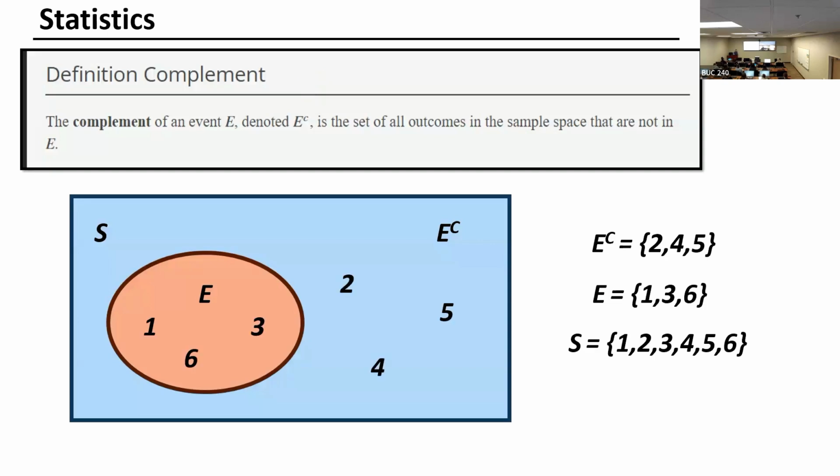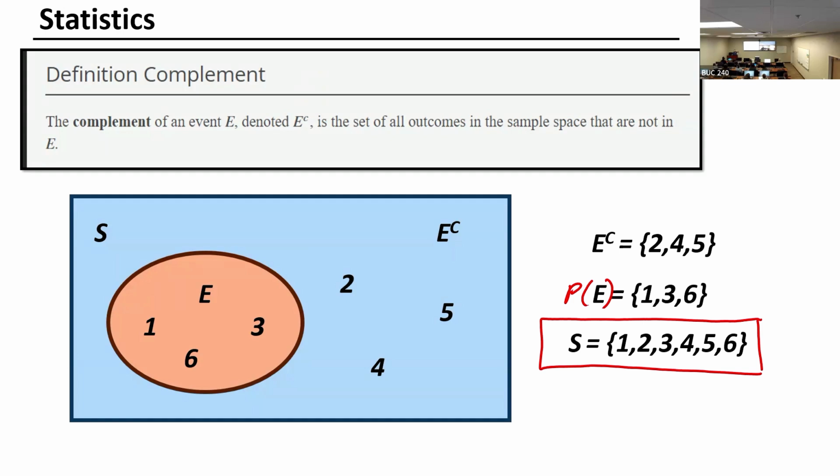Look at this one. The sample space S is all the numbers here. That's every single number I could see, so that would be my sample space right there. Now, the event I'm looking for, we can rewrite this way. The probability of E is that right there.